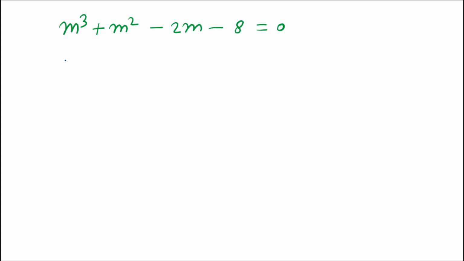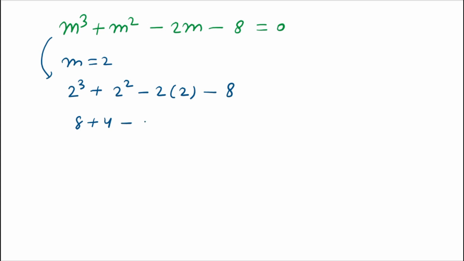Here if we substitute m equal to 2, then this expression is 2 to the power 3 plus 2 power 2 minus 2, and m is replaced by 2, minus 8. 2 power 3 is 8 plus 4 minus 4 minus 8, which is equal to 0. It means m is equal to 2.